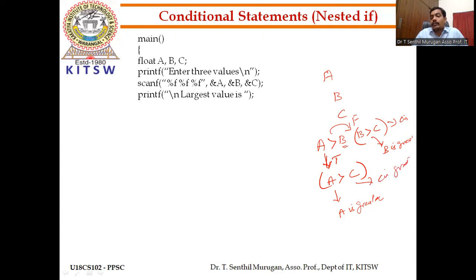So how can we write the program? We know the logic, we have discussed the logic, and now we have to think about the code. We have three values.